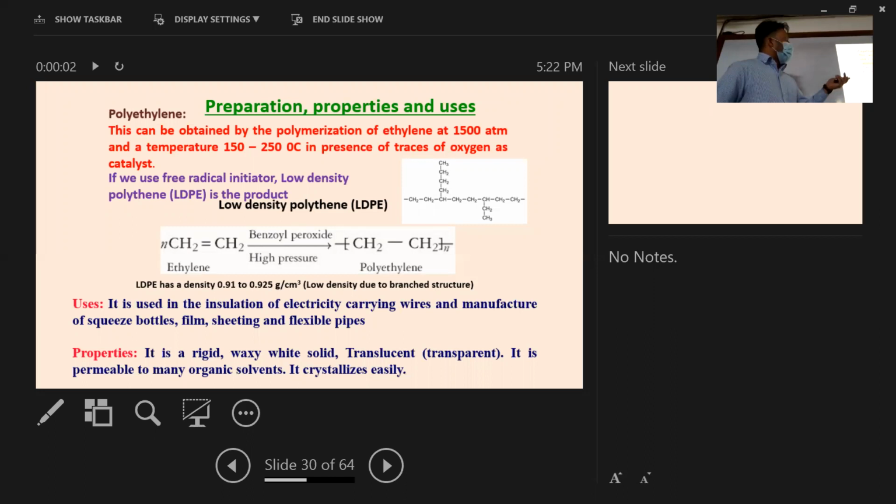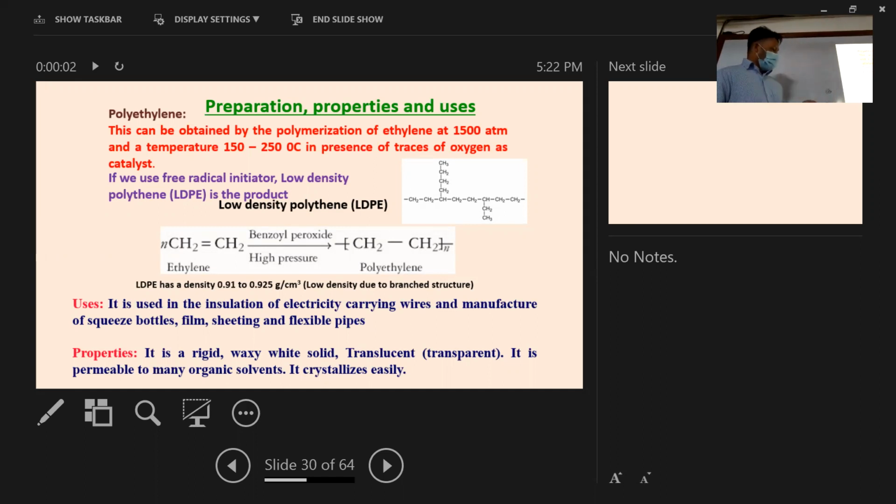So if we use a free radical initiator, that means we have the ethylene molecule and we are using these types of temperature and very high pressure. But if we use some free radical for the start, that is an initiator, which helps to start or initiate the reaction, then we can get LDPE, low density polyethylene.